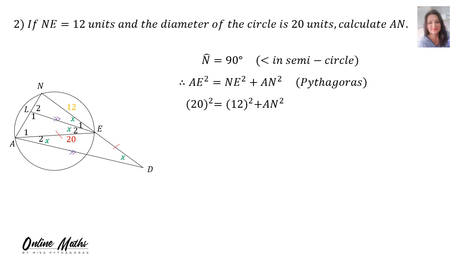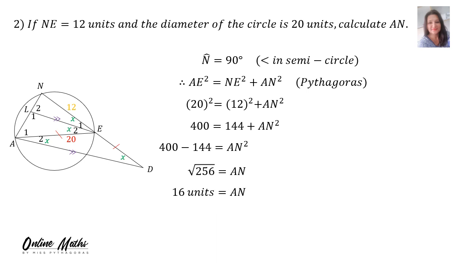And then we can substitute. In AE's place 20 squared equals, and in NE's place 12 squared plus AN squared. 20 squared is 400 equals 12 squared is 144 plus AN squared. Let the 144 walk across and you end with 256. Then you don't want AN squared, you only want AN, therefore you take the square root, therefore AN's length is 16 units.